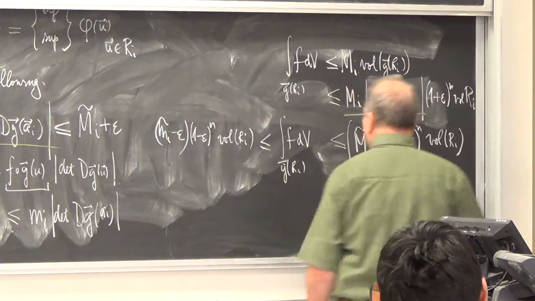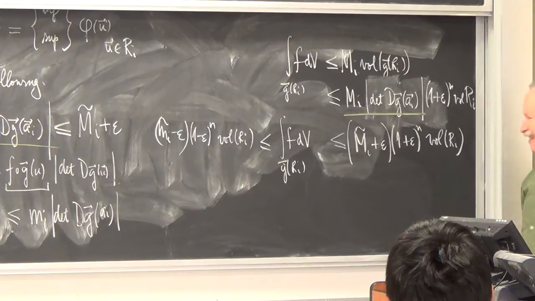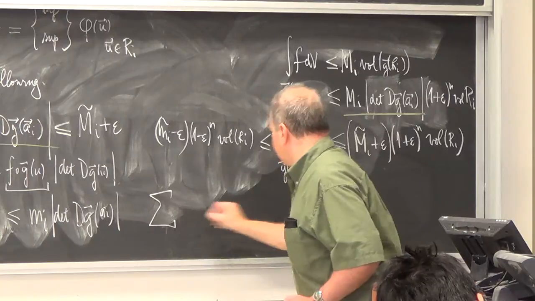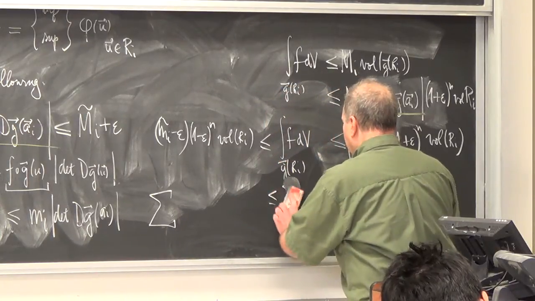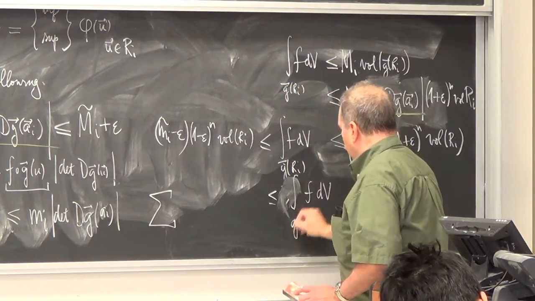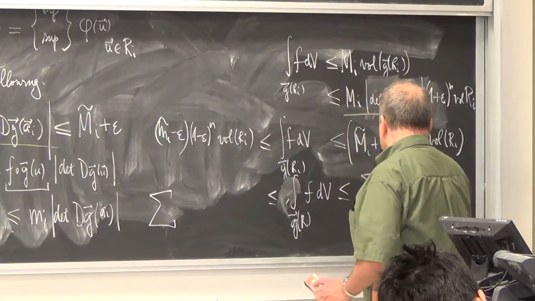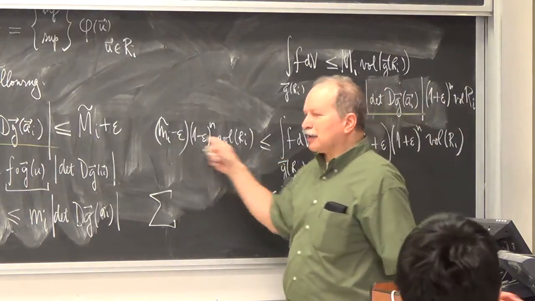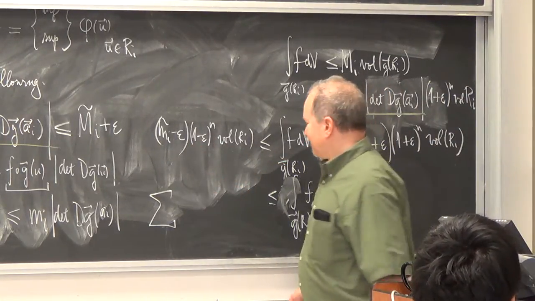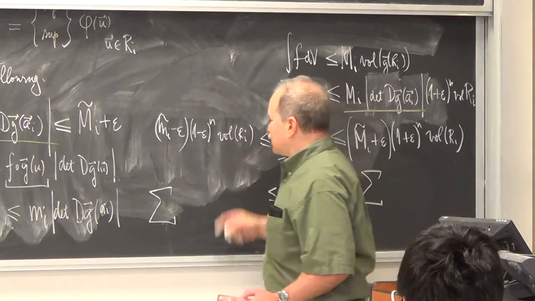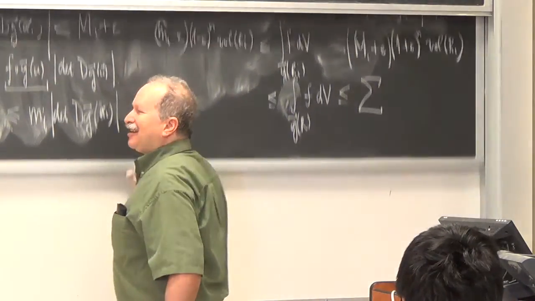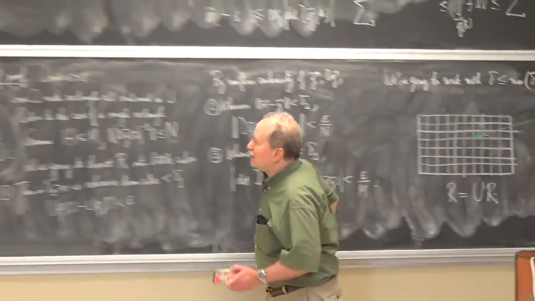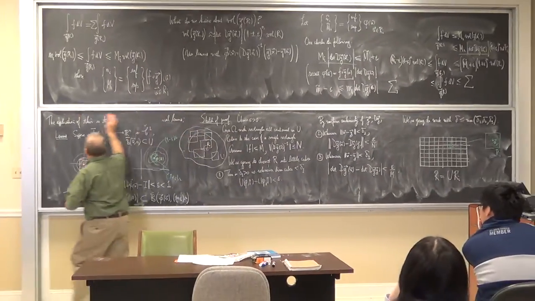So this is looking, morally speaking, if we now added these up, I would have the integral of f over g of r sandwiched between something that looks very upper summish and something that looks very lower summish. These guys look spiritually, although not precisely, like upper and lower sums for what?